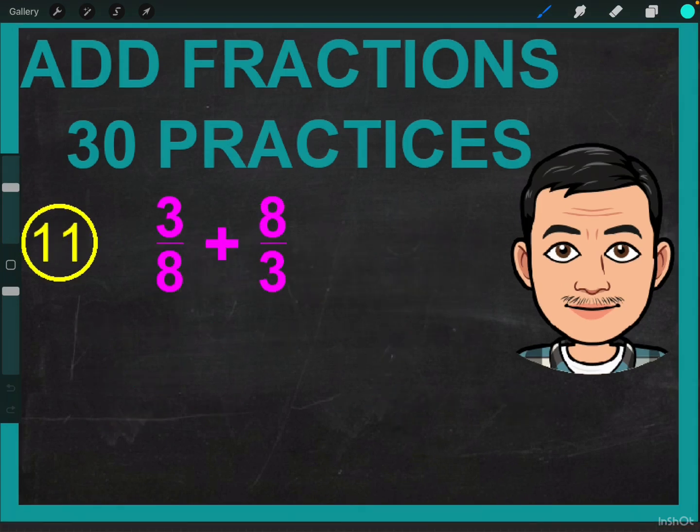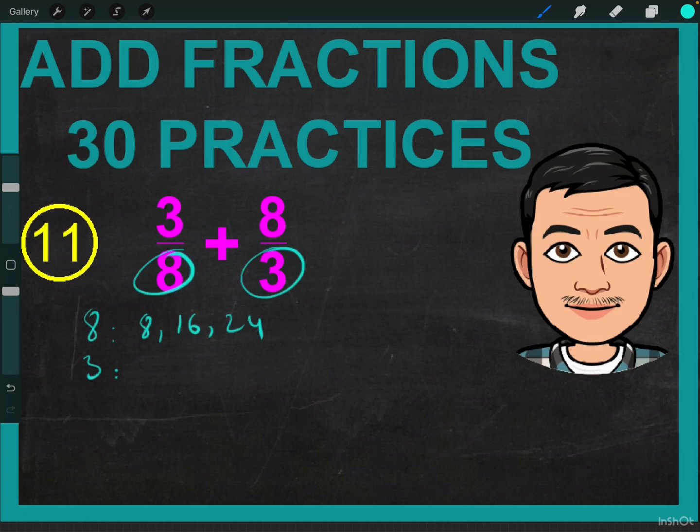Practice 11. We have two fractions with different denominators, 8 and 3. So we go ahead and find out the LCM of number 8 and number 3. For number 8, the multiples are 8, 16, 24.